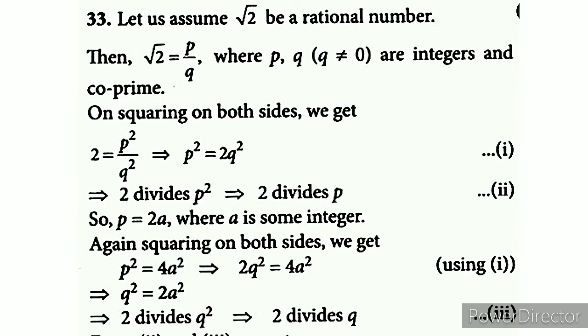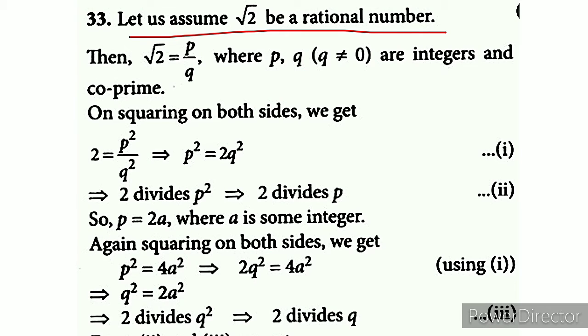So here we have our proof. In this proof, we will prove the irrationality of square root of 2 by using the contradiction method. So let's first assume that square root 2 is a rational number, and after certain steps we will show that our assumption is wrong by showing some unusual results.